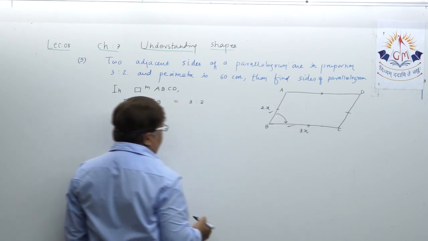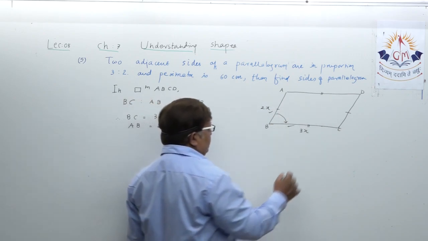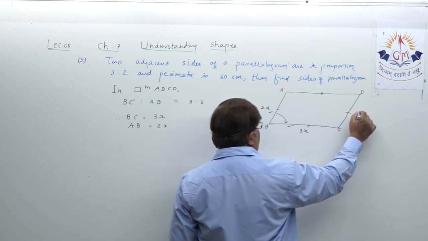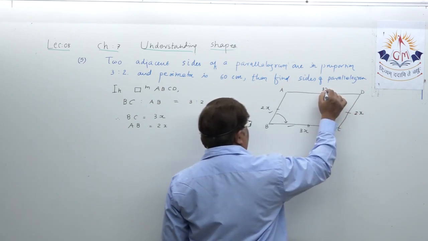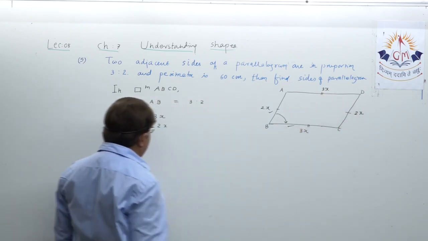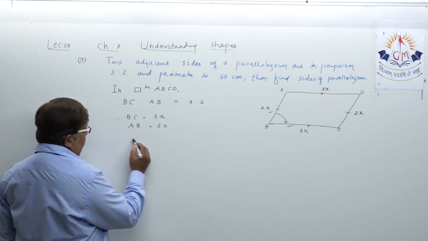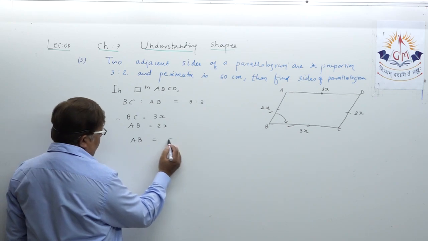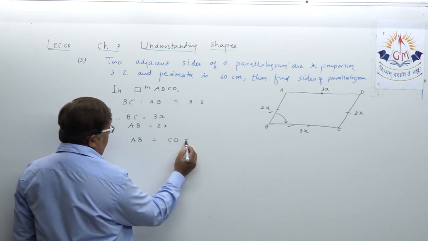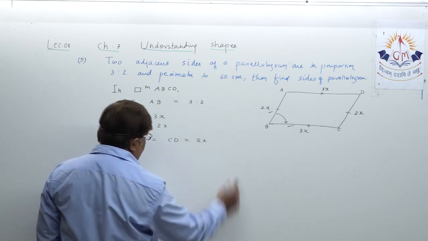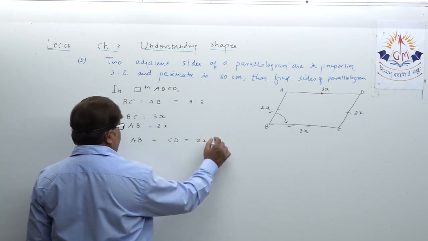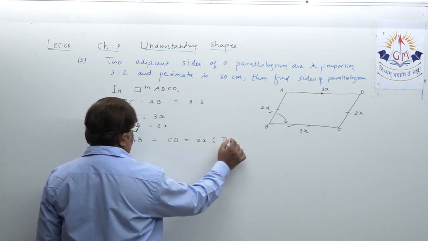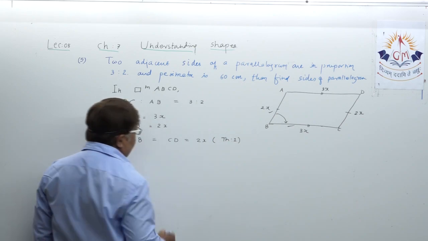Now those statement of opposite sides are equal. So what I can write now, AB equal to CD equal to 2x. In reference, you write theorem 1.